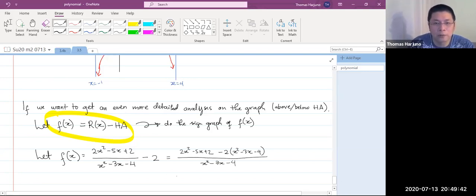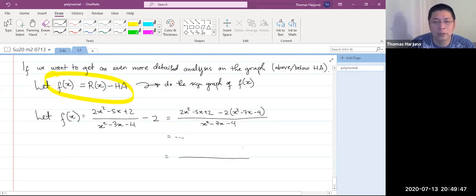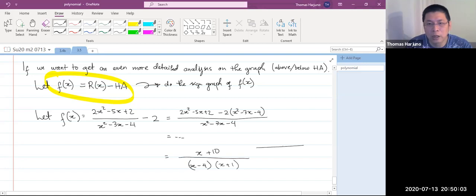Fast forward, the 2x² on the top cancels. I will get (x + 10)/((x - 4)(x + 1)). You see the critical numbers will be -10, -1, and 4. It will be undefined here, undefined here, positive, negative, positive, negative, and 0.